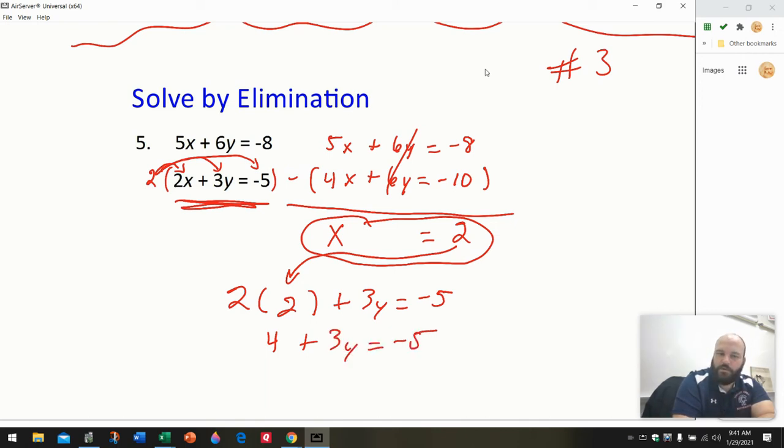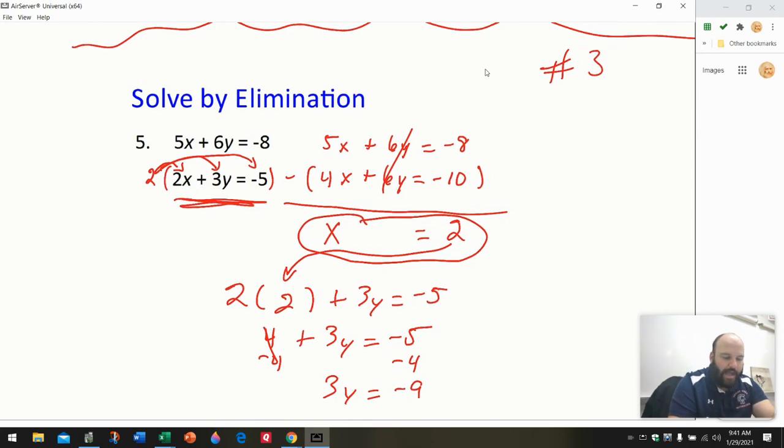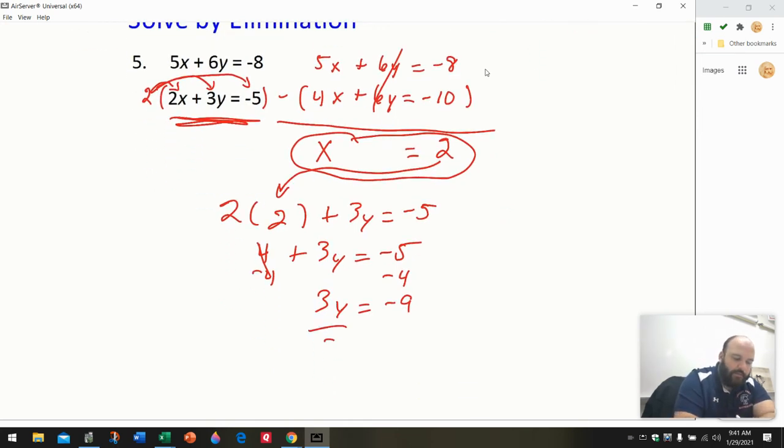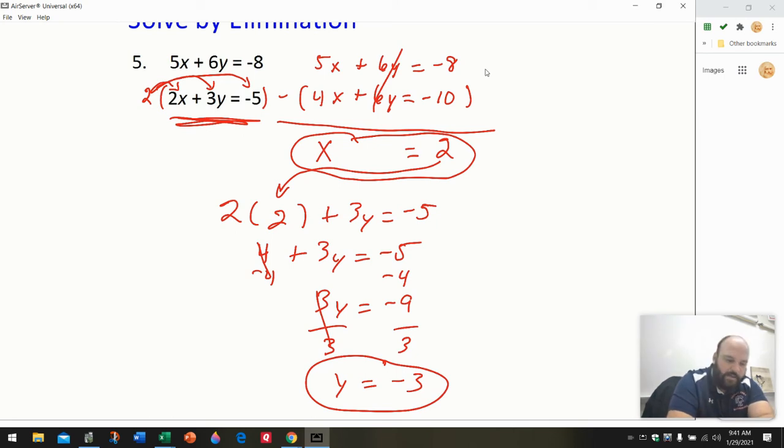And then in order to solve this, I'm going to subtract 4 from both sides. And then the last step is going to be to divide by 3 on both sides. And y equals -3. So there you go. We got our x initially, and then we plugged our x in and solved for our y. And so we end up with the solution 2, -3.